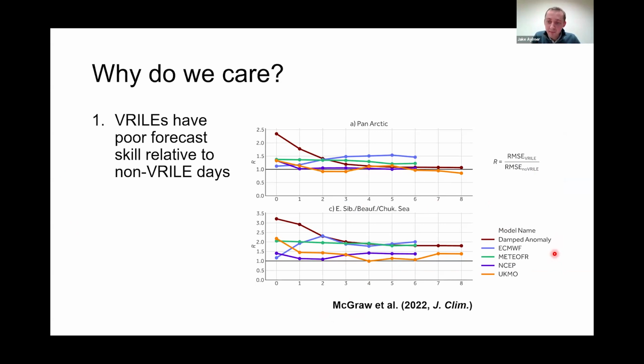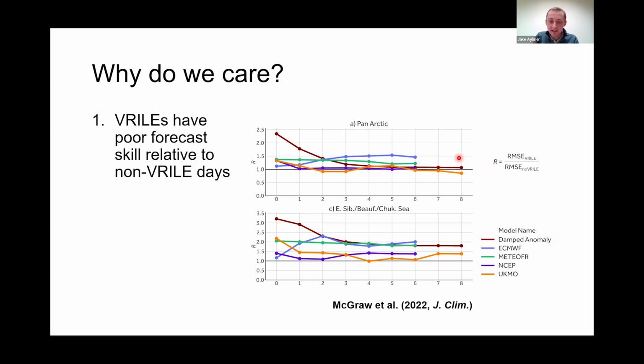They analyzed the forecast skill of the sea ice for days where you have a rapid ice loss event and compared that to days where you don't have a rapid ice loss event. That's this ratio R here, which is what they're plotting. When R is larger than 1, that means the forecast skill is lower compared to a non-rapid ice loss event.